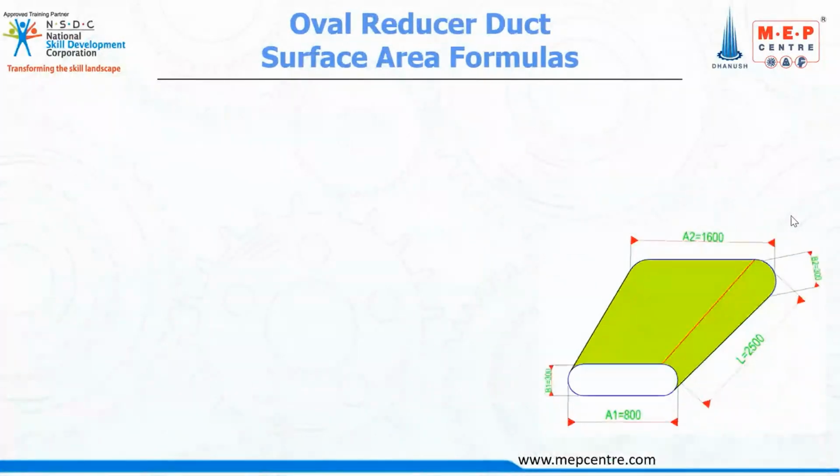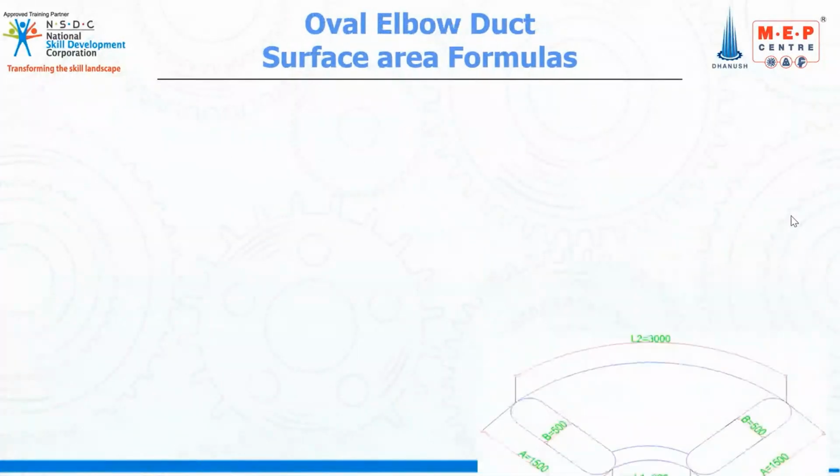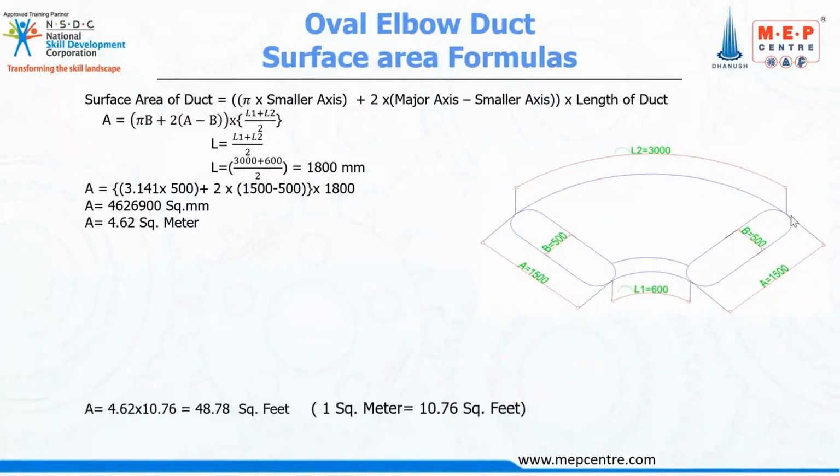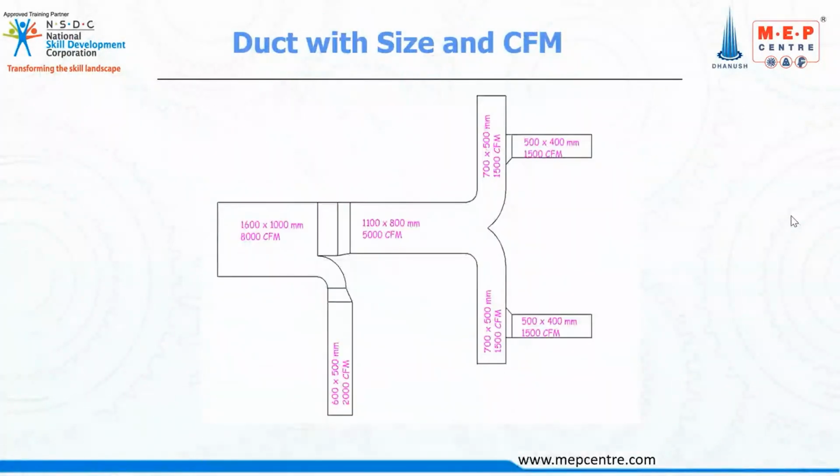So oval arc, I'll give you the separate sheet for this. Now, for this drawing, we need to calculate the total number of sheets. To do that, first we need to identify what elements are present in this.